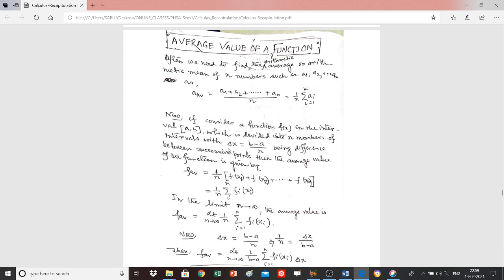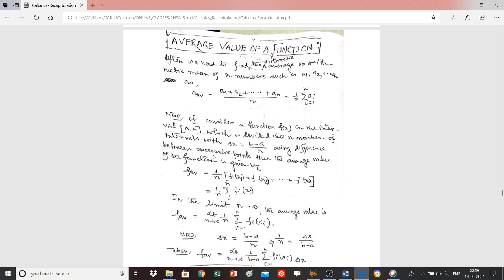Let the interval delta x be written as, since the interval is from a to b, b minus a by n. Here the number of intervals is n. So delta x, the difference between two successive points, is equal to (b minus a) by n.